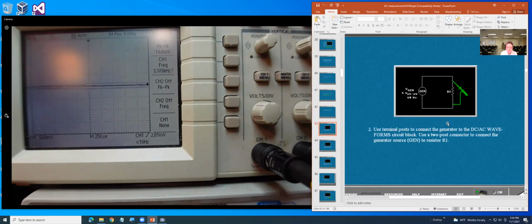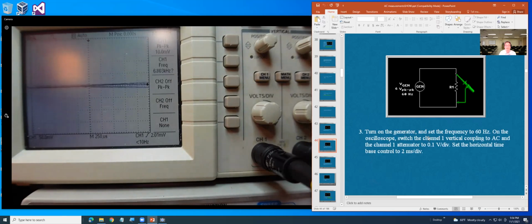Okay, this one I'm not trying to do anything, but I want to emphasize a few things. They will be telling you they want to build this circuit.